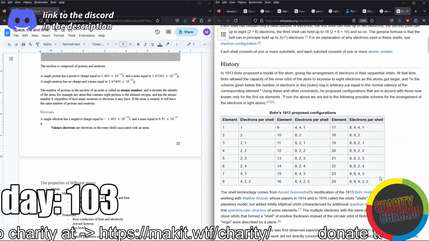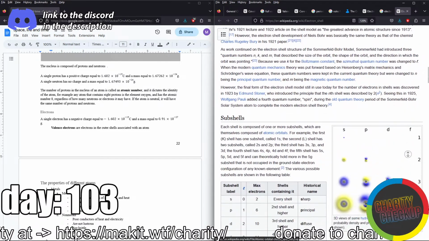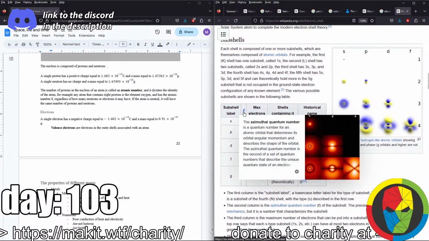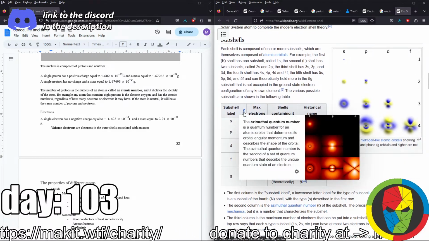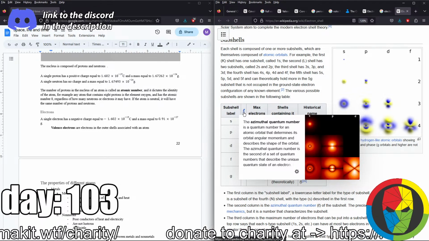Yep. And here we have... no, I'm looking for... Obviously it's the azimuthal quantum number. What else could it be, am I right?